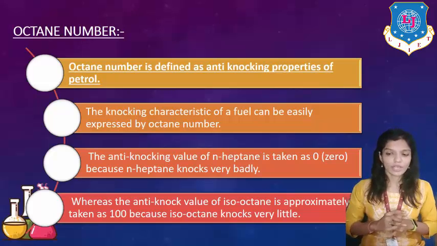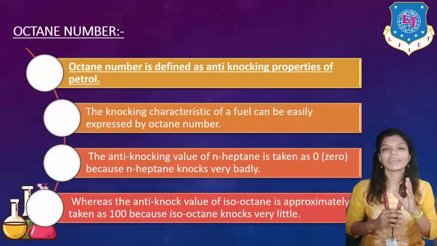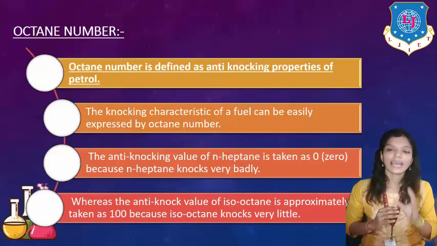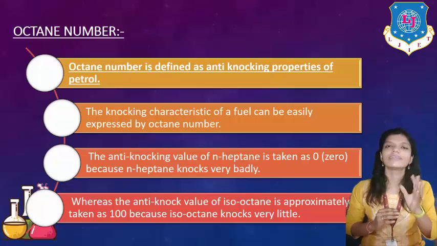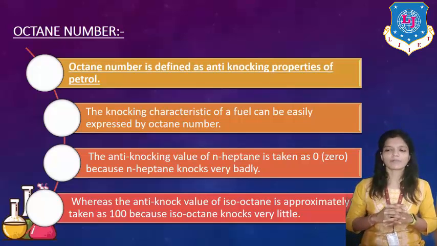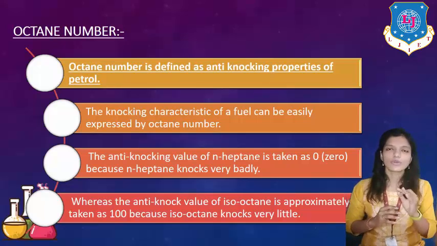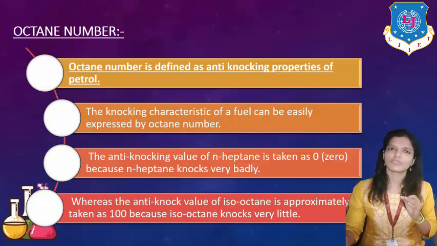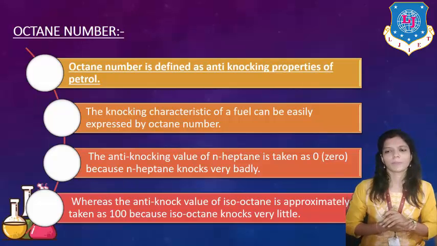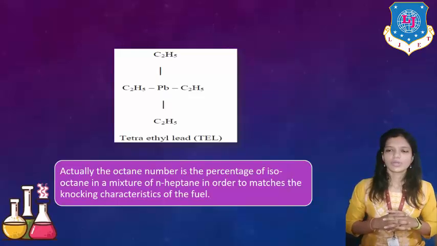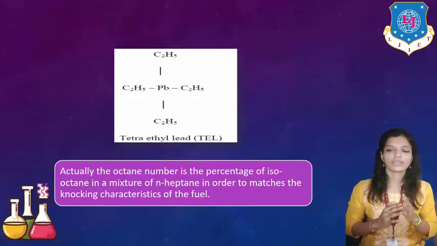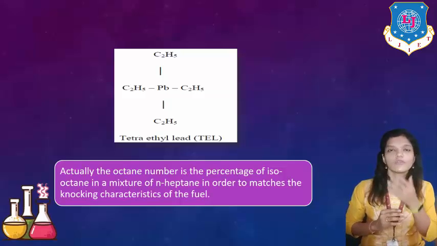Whereas the anti-knock value of isooctane is approximately taken as 100 because isooctane knocks very little. So two different examples are there: heptane has a 0 value, while isooctane has a 100 value. In the image you can see the structure of TEL. The octane number is the percentage of isooctane in a mixture with n-heptane that matches the knocking characteristics of the fuel.